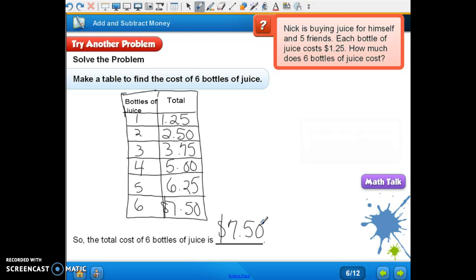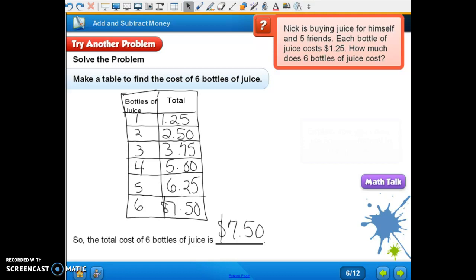Okay. Now down at the bottom it poses another question for us. At the bottom of page 148, question 2, it says, what if Jenny says that 12 bottles of juice cost $25? Is Jenny's statement going to be reasonable? No. What are we doing if we're buying 12 bottles?